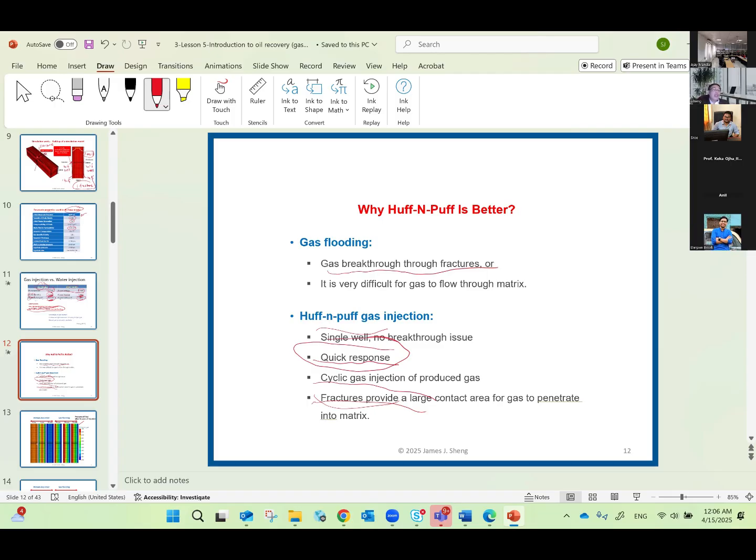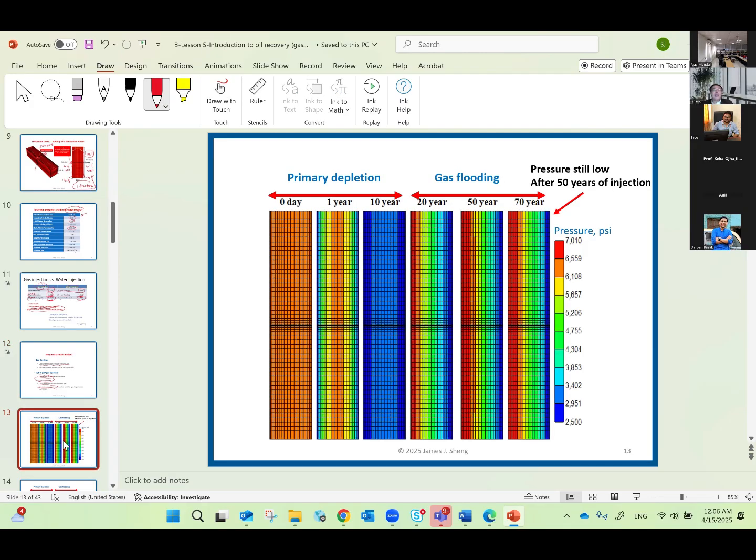So that's the reason Huff-n-Puff is better than gas flooding. So this is from common sense or from logic. Then next I'm going to use the pressure data, pressure distribution, to explain why gas flooding is not going to work as well as Huff-n-Puff.